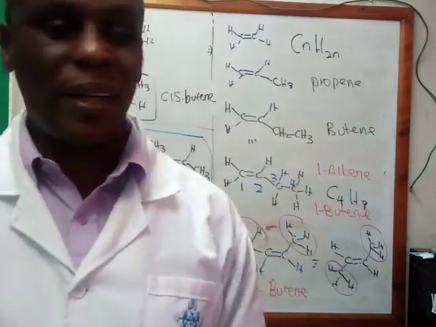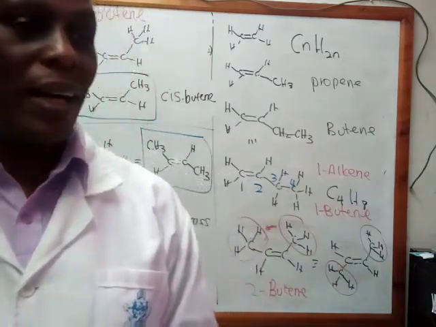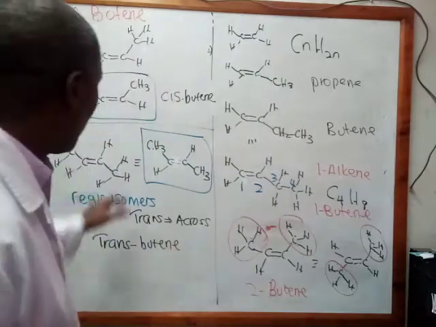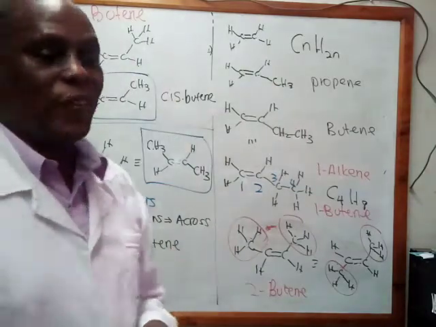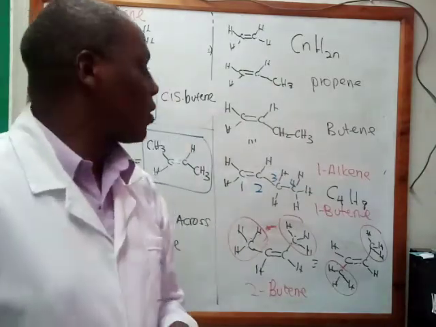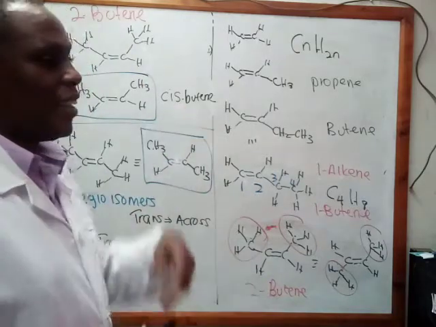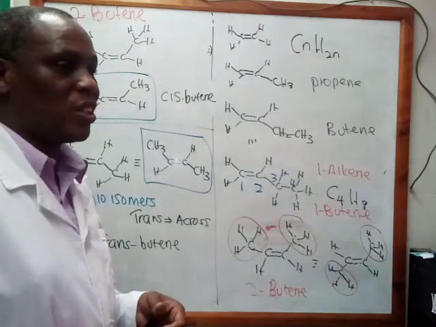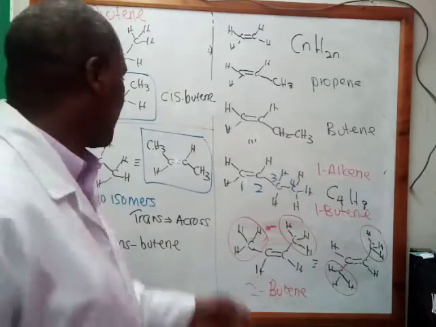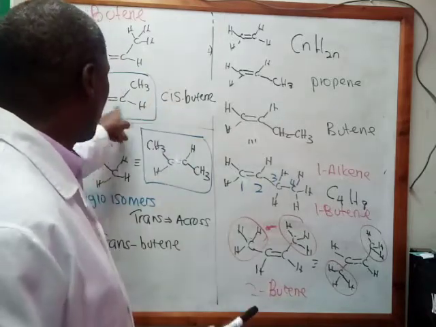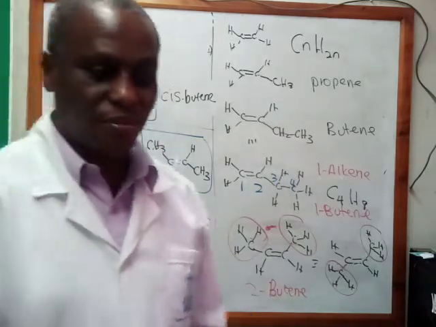Majority of the alkenes in nature, especially the ones found in the food that we take, contain the double bond being across.